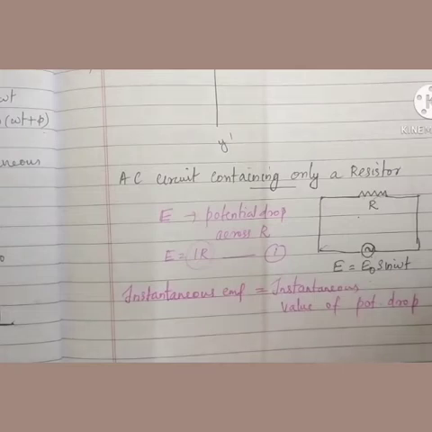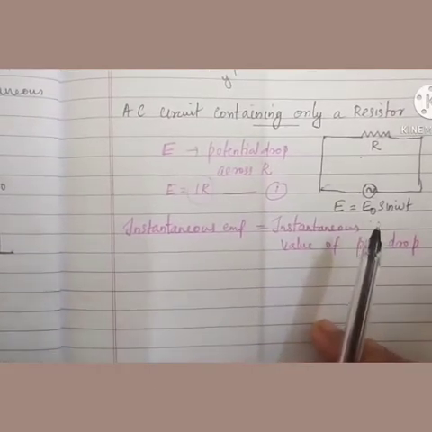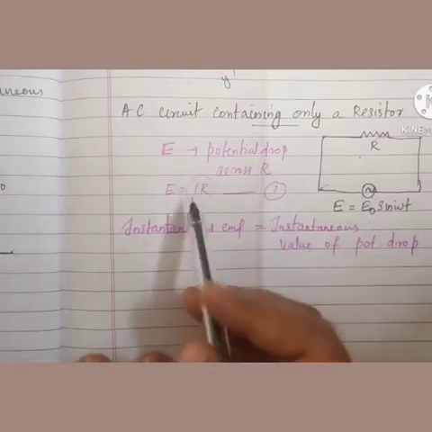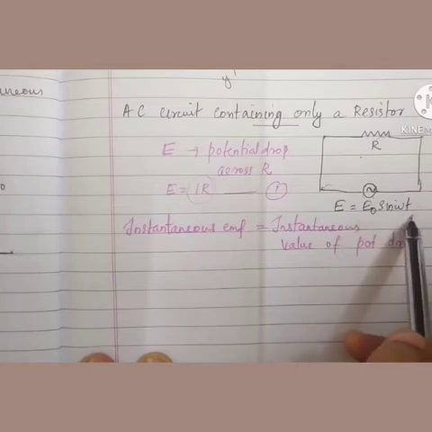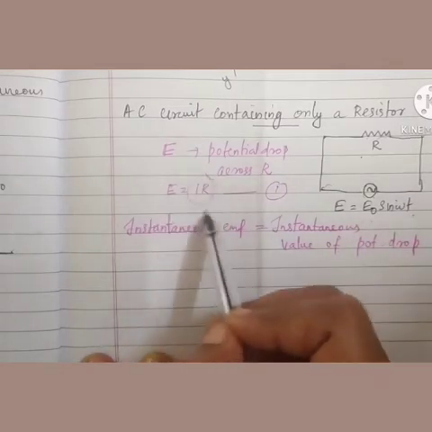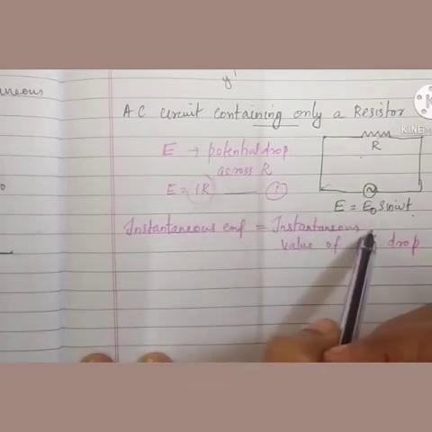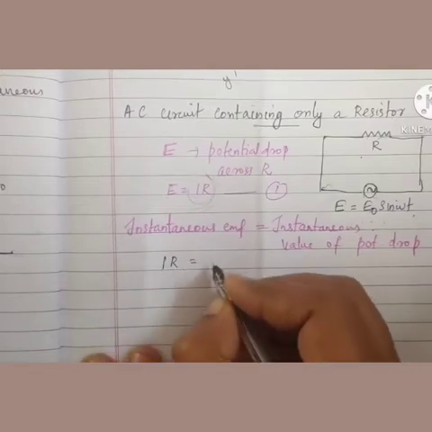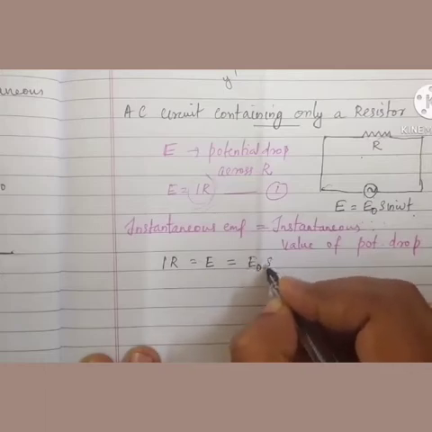Clear? Instantaneous EMF is equal to instantaneous value of potential drop. Now our aim is to find the expression for current, right? So we have the expression E equal to E0 sin omega t. Now we have written the potential drop also, that is E equal to IR. So you can equate the RHS of these two equations. So you will get IR is equal to E, which is equal to E0 sin omega t.